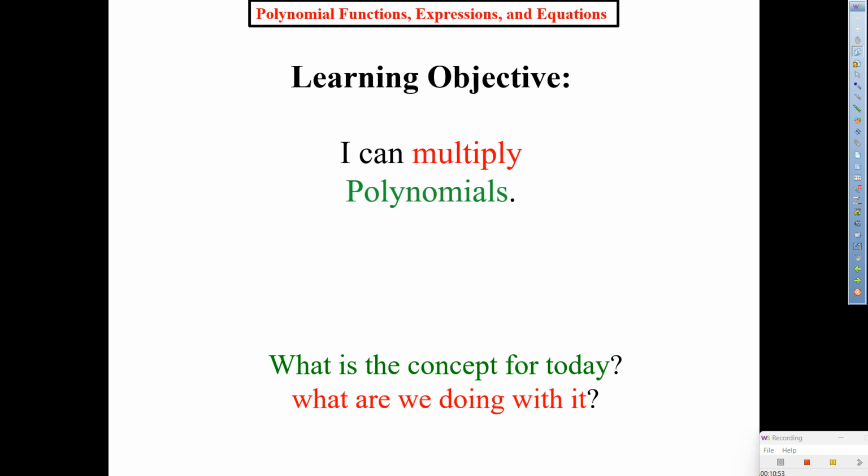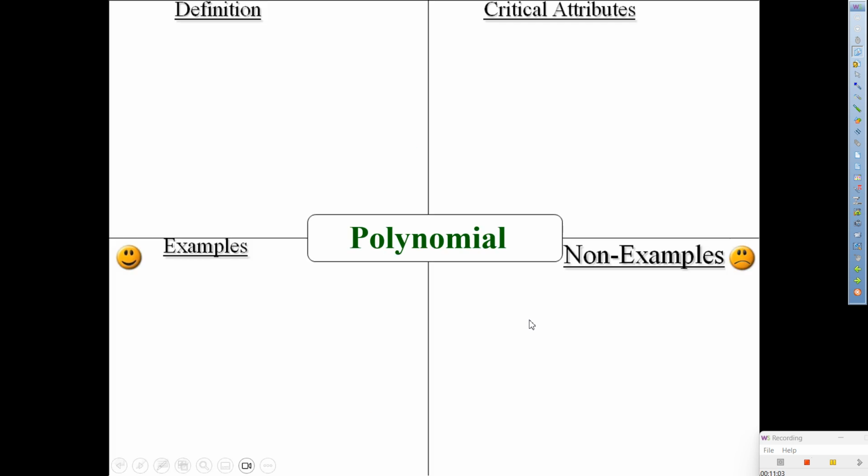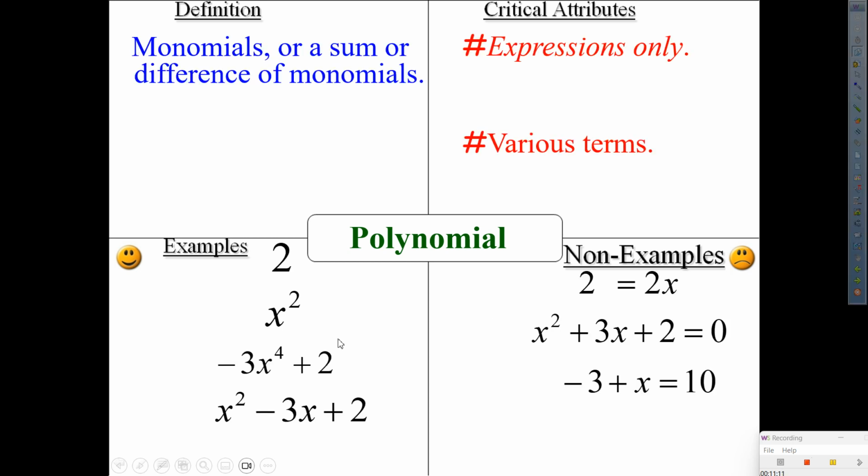10, 9, 8, 7, 6, 5, 4, 3, 2, 1. All right. Look up. Did anybody write monomials or some difference of monomials? Yes. How about expressions?